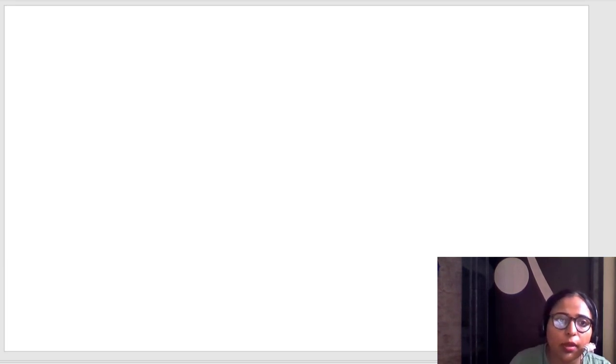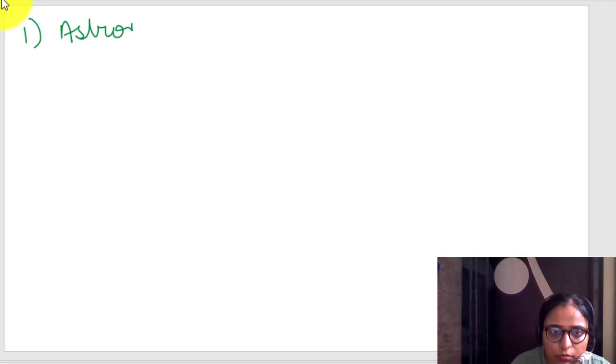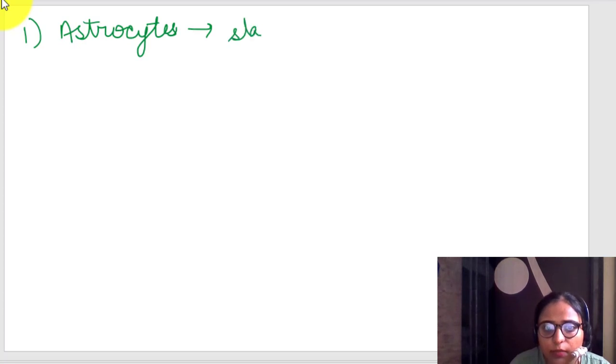Let's talk one by one about what they are. If I talk about the astrocytes, your astrocytes are star-shaped cells. Fine. These are the star-shaped cells.